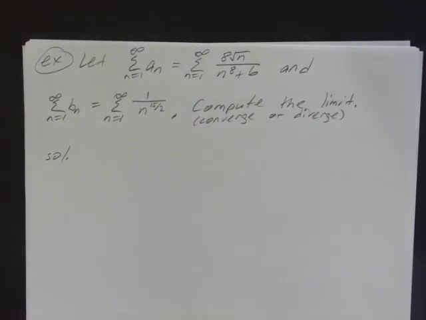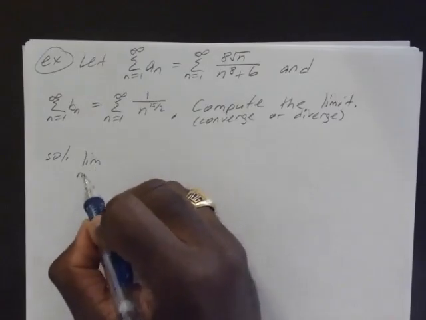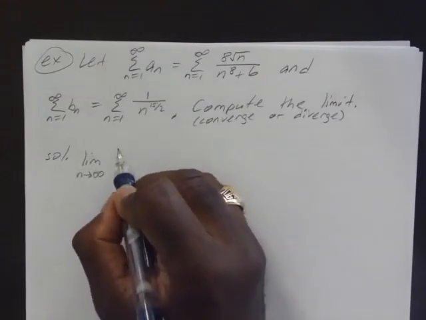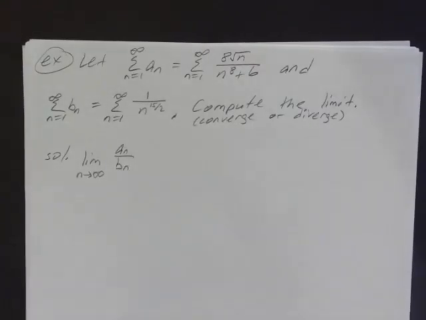Okay. So now we just want to take the limit as n approaches infinity of your a sub n divided by your b sub n.